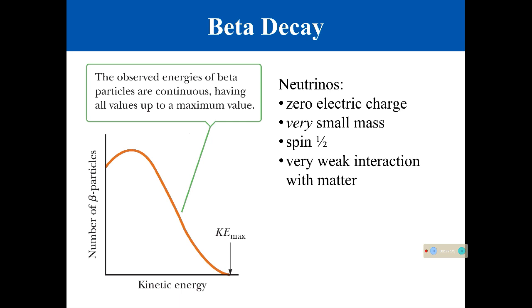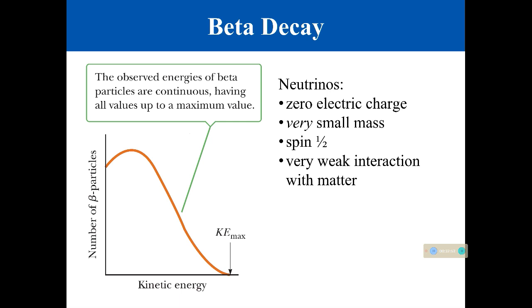Later, Enrico Fermi developed a complete theory of beta decay and named this particle the neutrino, or little neutral one, because it is electrically neutral with little to no mass. Characteristics of the neutrino. This is super weird that they have found this, but here it is. It has zero electric charge and a mass much smaller than the electron, but not zero.